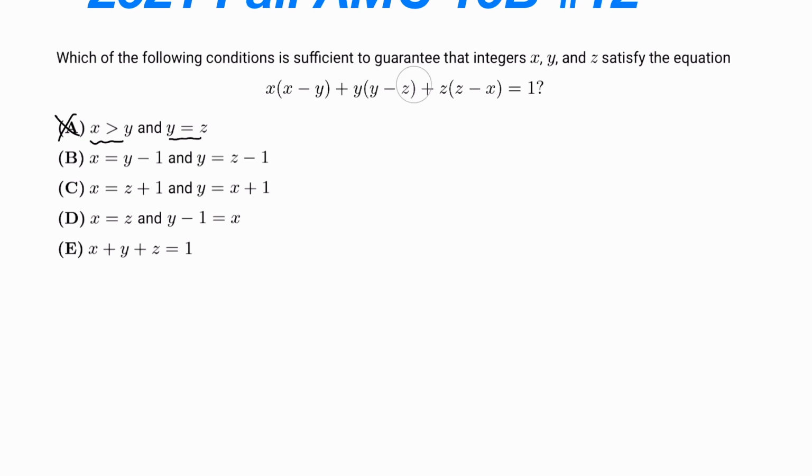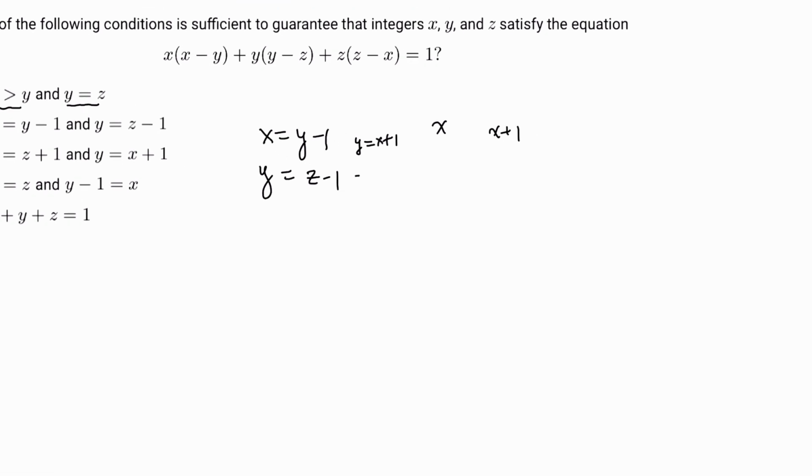Let's now take a look at B. B says x is equal to y minus 1 and y is equal to z minus 1. If x is equal to x, then y is equal to x plus 1, and z is equal to y plus 1, so x plus 1 plus 1, so it's x plus 2.